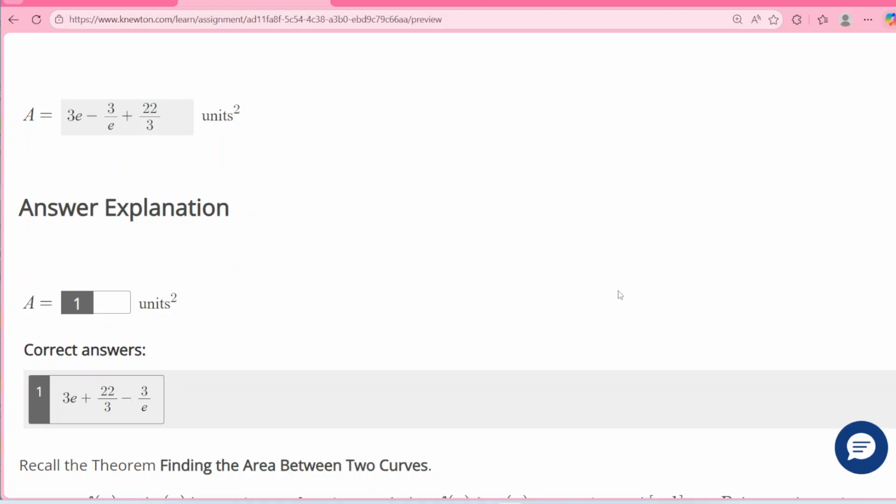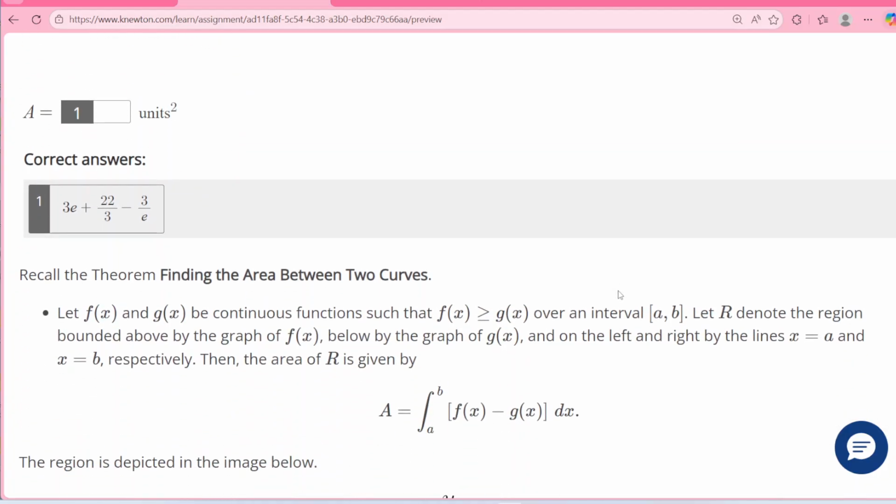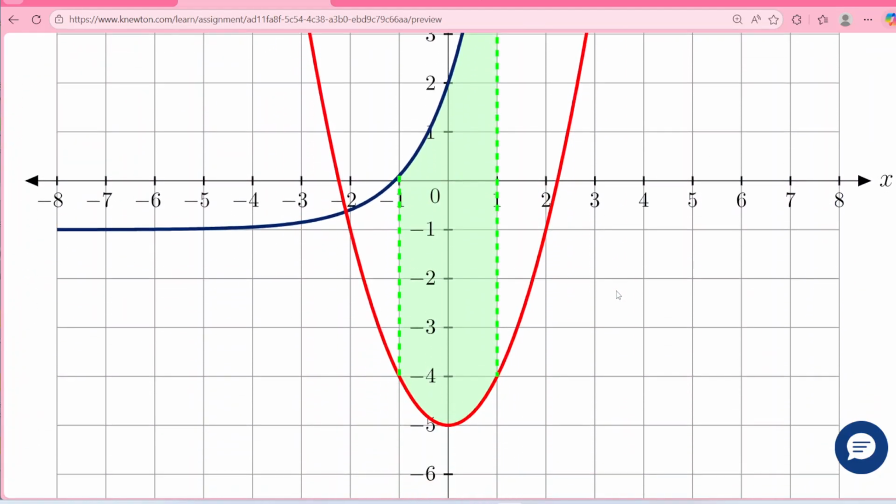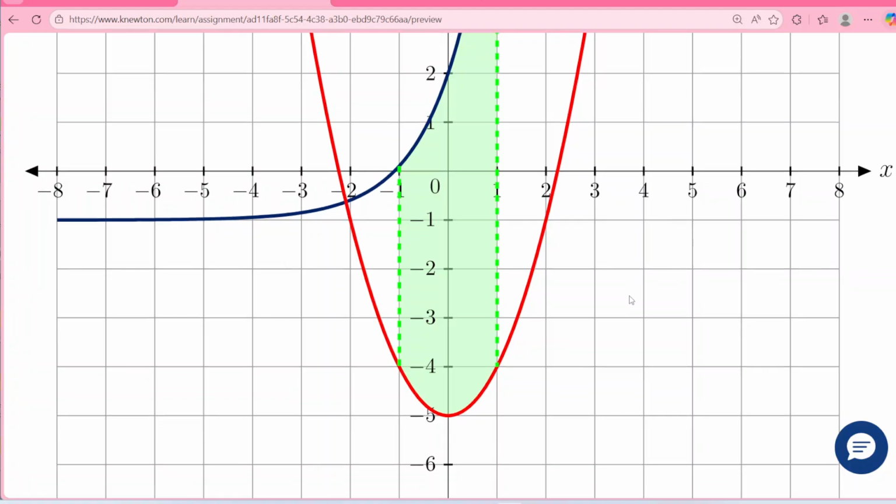Definitely read through these if you are wrong, and hopefully you can figure out where you went wrong and learn from your mistakes. So again, they draw a little picture here of the f of x up top, g of x on bottom, right? Just from -1 to 1 though only. Again, later on we'll have to figure out where they cross, if they cross each other. But for right now, they just gave us the limits of integration.